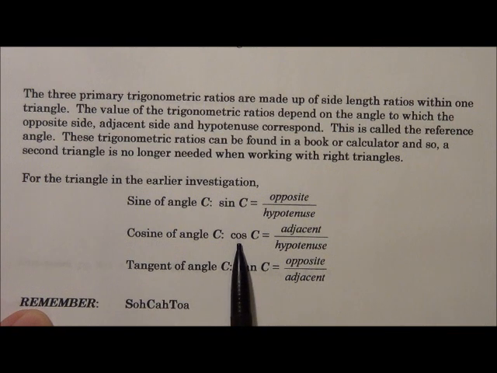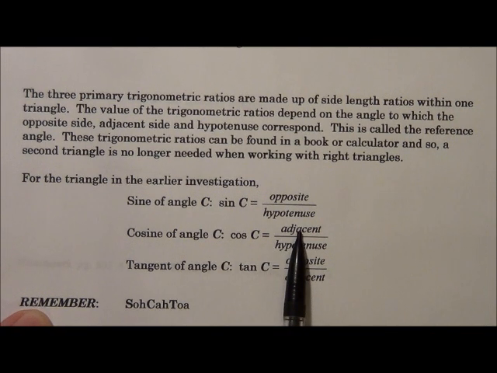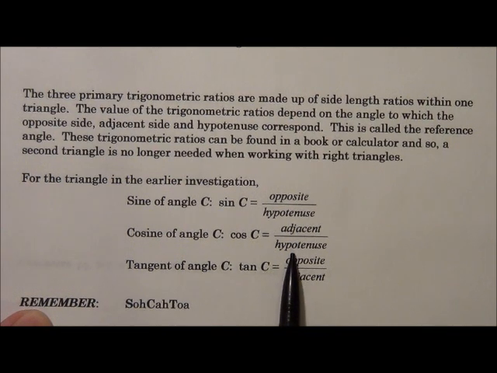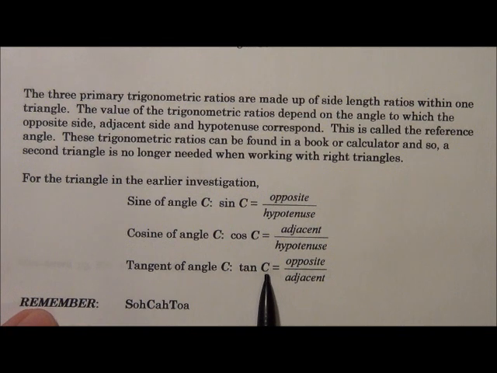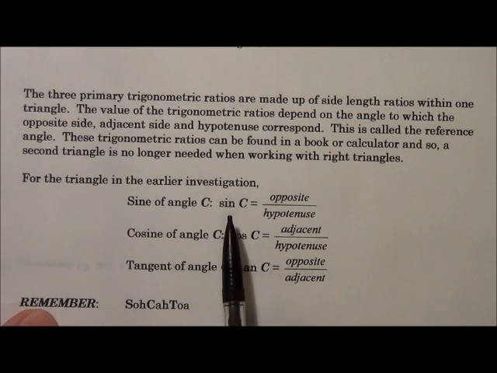The cosine of angle C is the length of the adjacent side to angle C over the length of the hypotenuse, and the tangent of angle C is the length of the opposite divided by the length of the adjacent. Okay? Please keep in mind this is not sin, cos, and tan. These are the sine, cosine, and tangent of angle C.